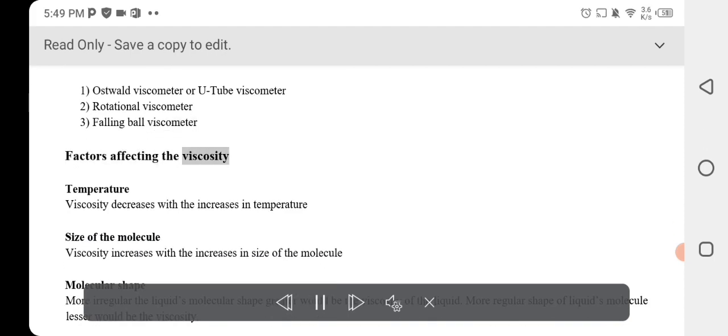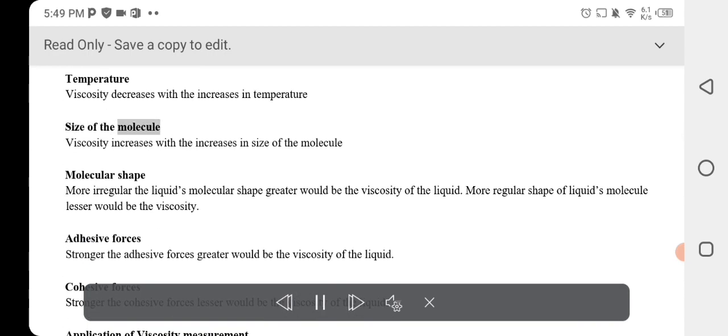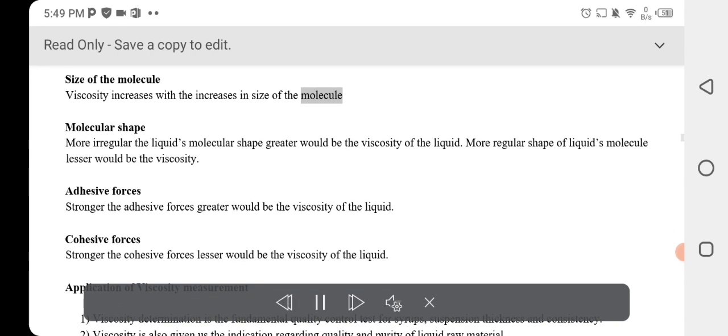Factors affecting the viscosity. Temperature: viscosity decreases with the increase in temperature. Size of the molecule: viscosity increases with the increase in size of the molecule. Molecular shape: the more irregular the liquid's molecular shape, the greater the viscosity of the liquid.